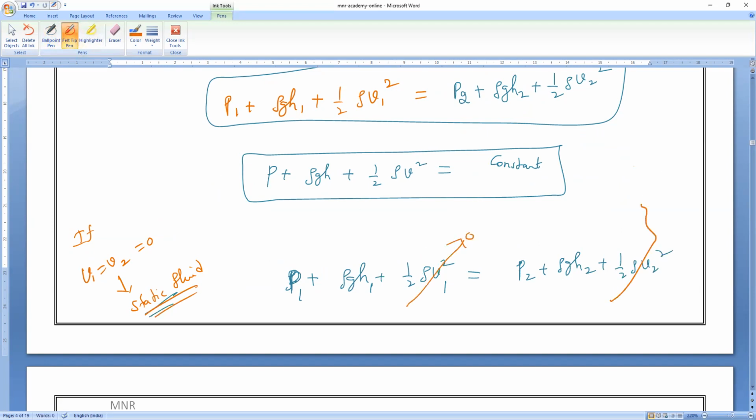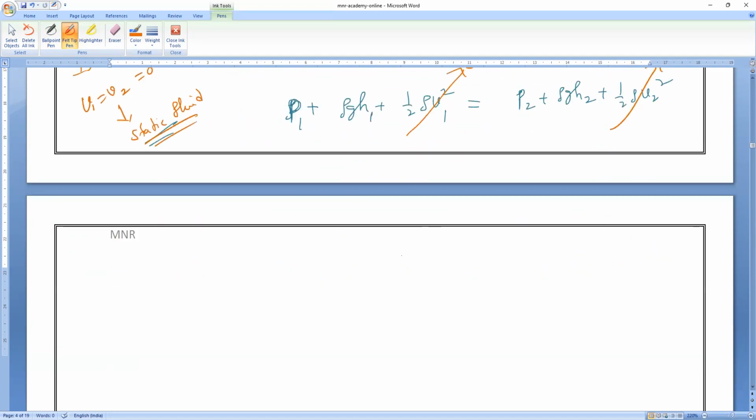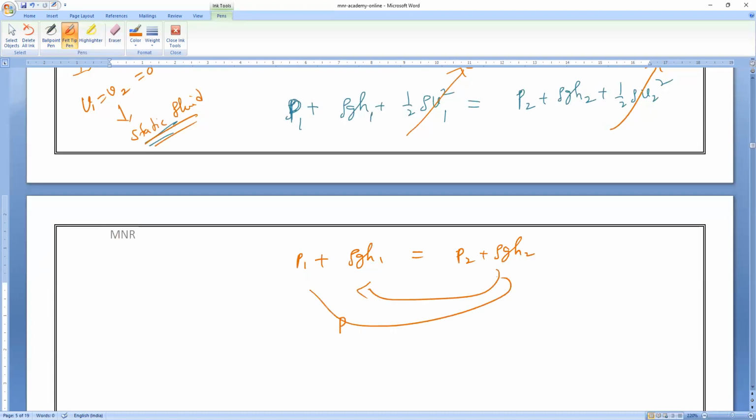This term will become what? Speak loudly. 0. So P1 plus rho GH1 equals P2 plus rho GH2. So P1 will come this side. Now you can see, P2 minus P1 equals rho GH1 minus rho GH2, which equals rho G into H1 minus H2. Will you all agree with me?